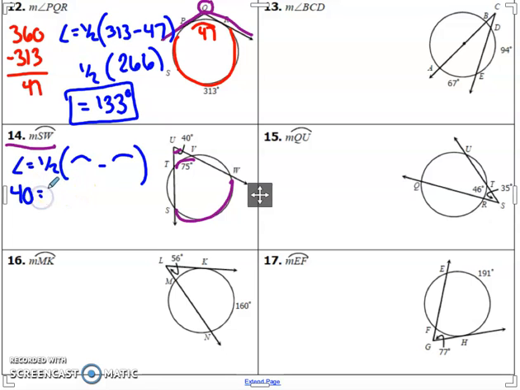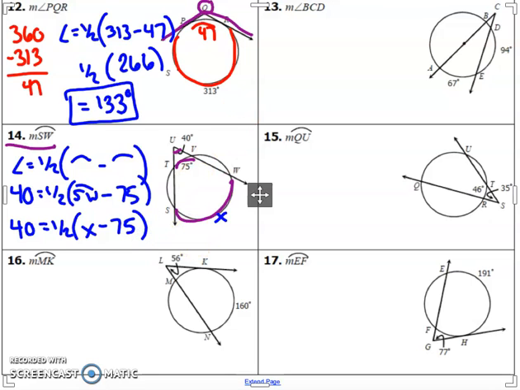So 40 is equal to half. Now I need my big arc, which is SW, or you could call it X if you wanted to. Take away my smaller arc, which is 75. So 40 equals half, and I don't know what my SW is, so I'm going to put X, take away 75.